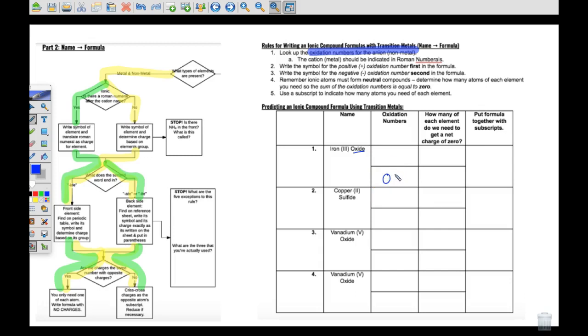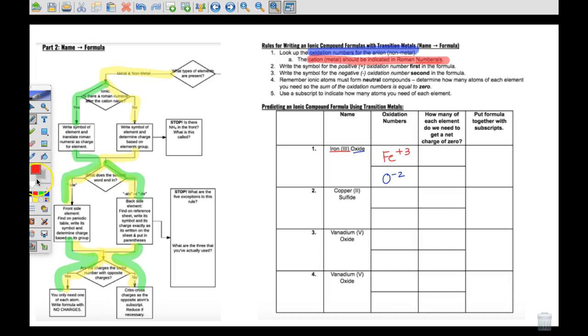So after looking at the front side of my periodic table, I see that it's -2. There's a note here that says the cation or the metal should be indicated by Roman numerals. This is true. So I see that I have iron 3, so that means Fe +3. And I knew it was a 3 because there were 3 I's in a row.